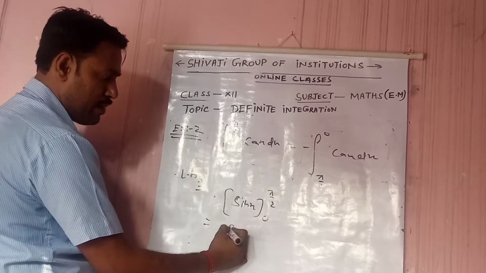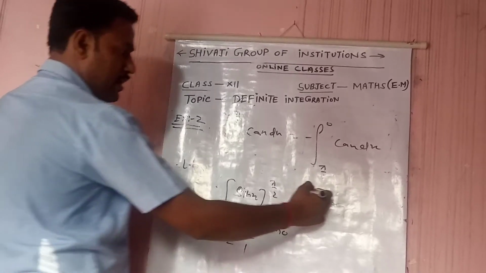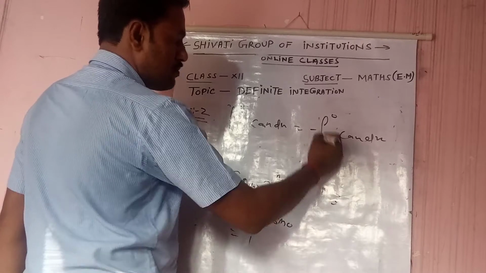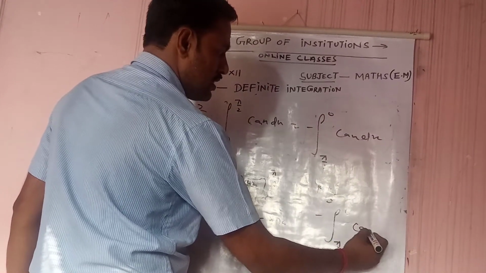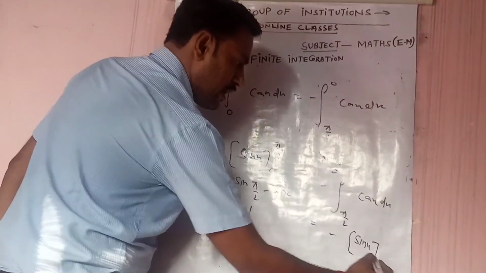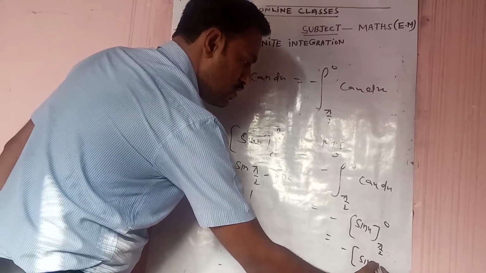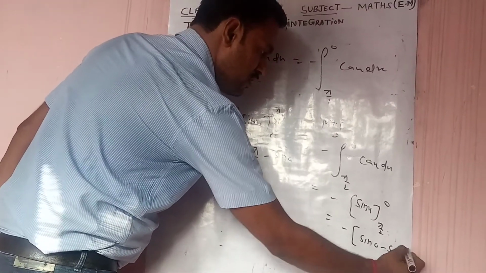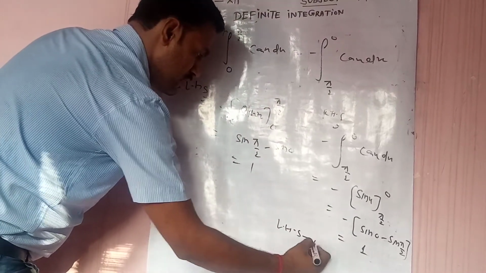Firstly apply the upper limit, sin pi by 2 minus sin 0, this gives 1. Now take the RHS, students. The RHS is minus the integral from pi by 2 to 0 of cos x dx. So the integration of cos x is sin x, and apply pi by 2 to 0, this gives minus of sin 0 minus sin pi by 2. So this is also 1. So the LHS equals the RHS.